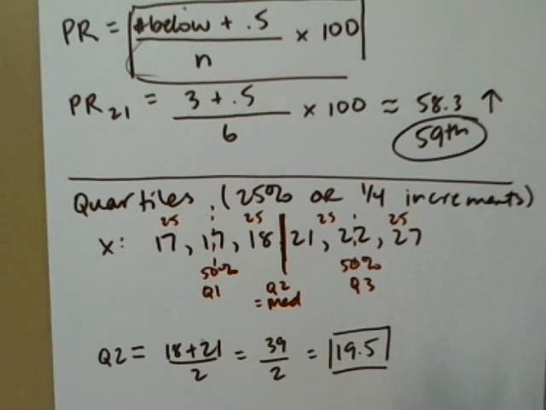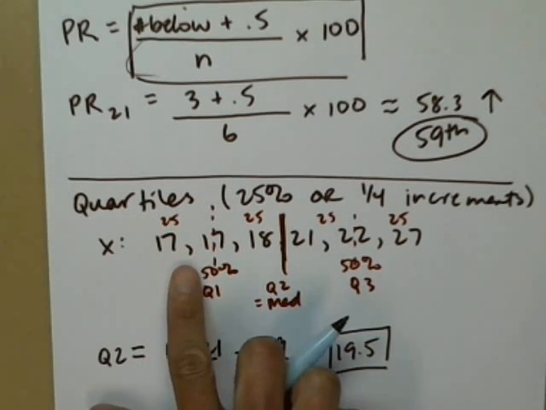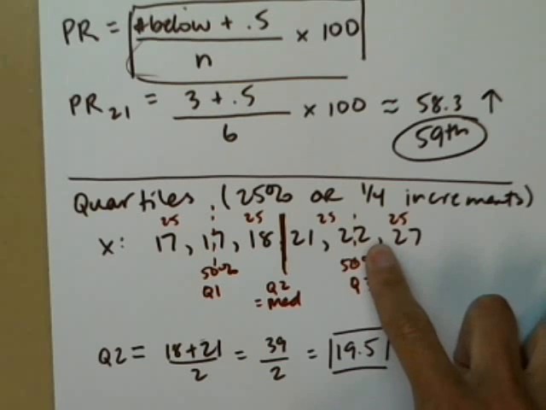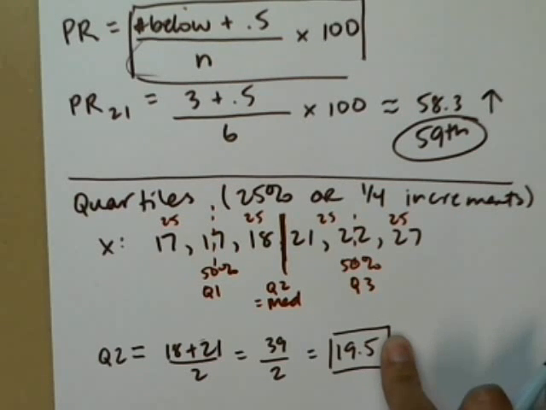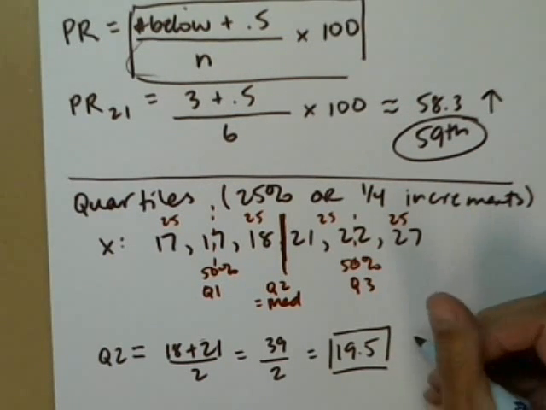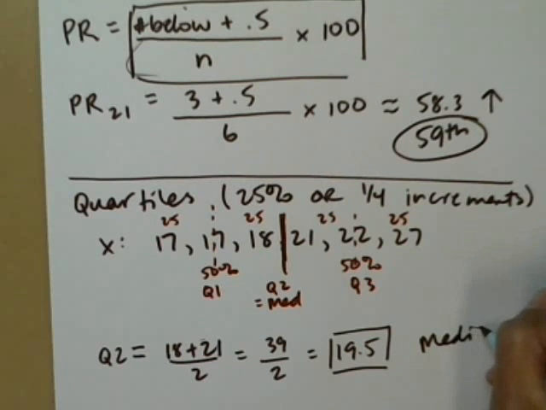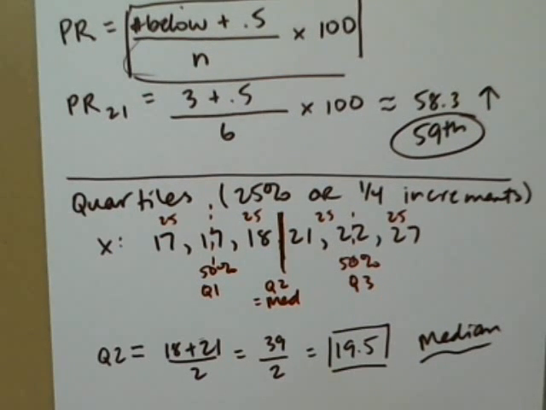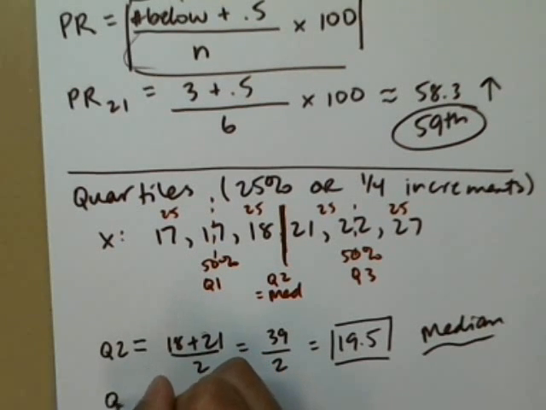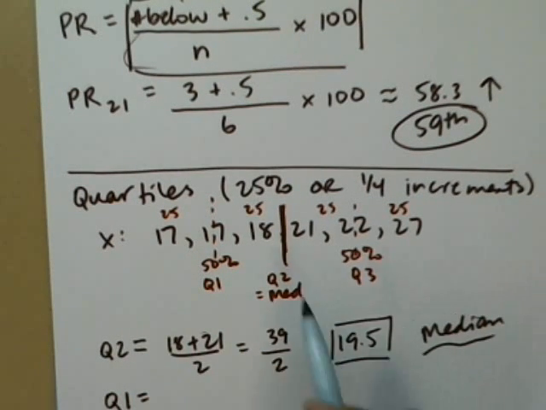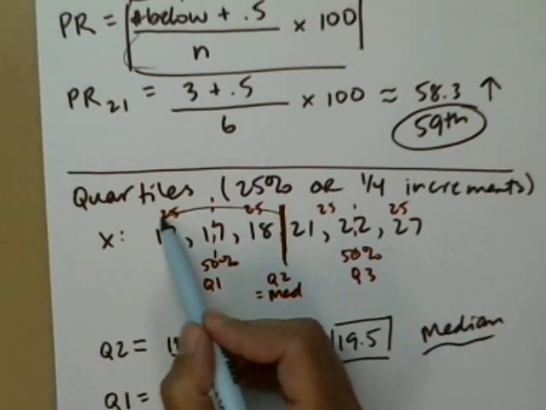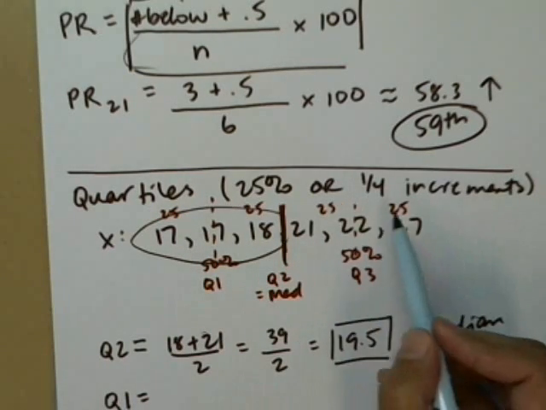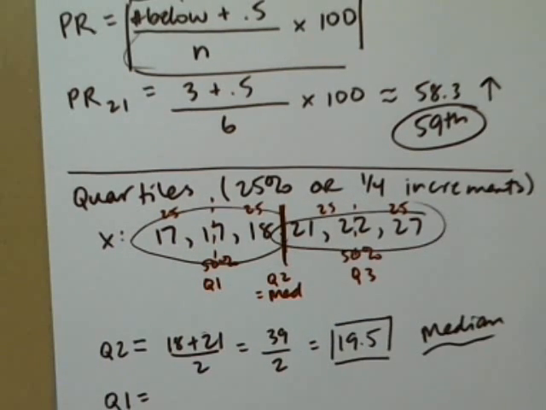I just use either one of the data points that I was given, or I go ahead and use my calculation. So that's quartile 2. It's the same exact calculation that we do for the median. When we go to find quartile 1 and quartile 3, we're also doing medians, but it's like a median of the lower half and a median of the upper half.